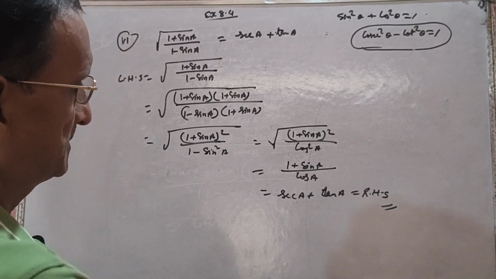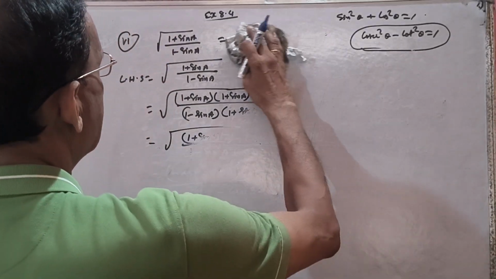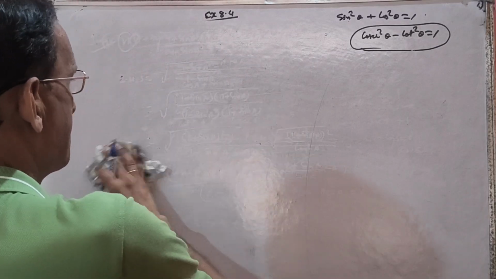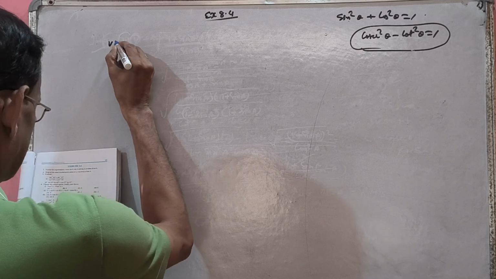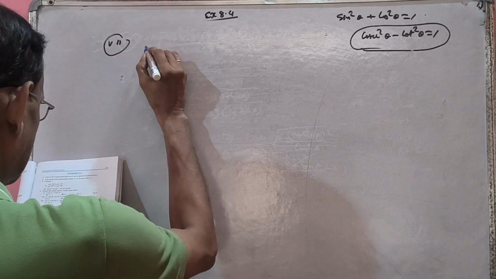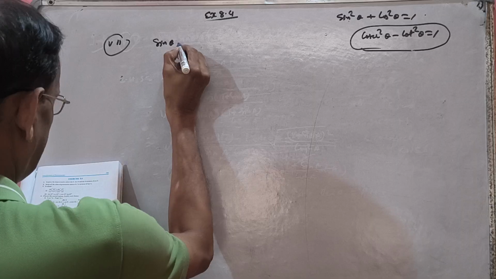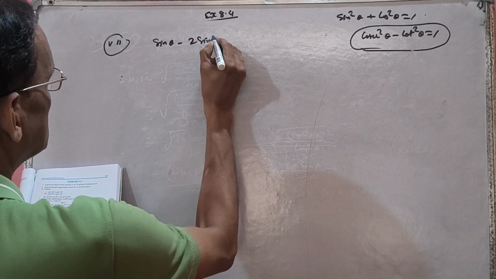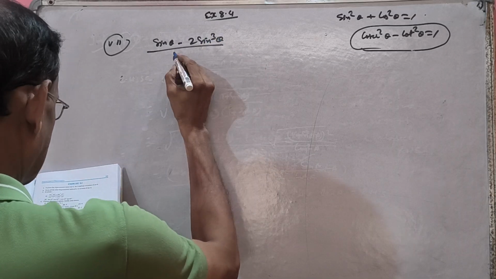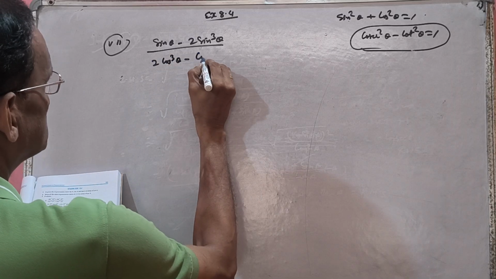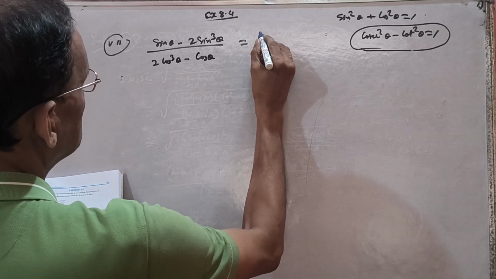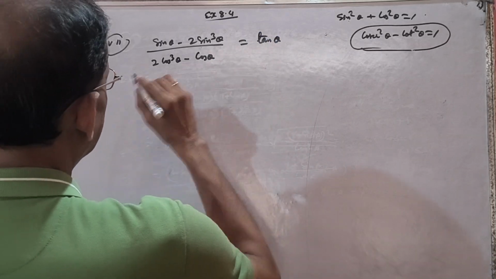Next, number 7. (sin theta minus 2 sin cube theta) by (2 cos cube theta minus cos theta) is equal to tan theta. Take the left hand side.